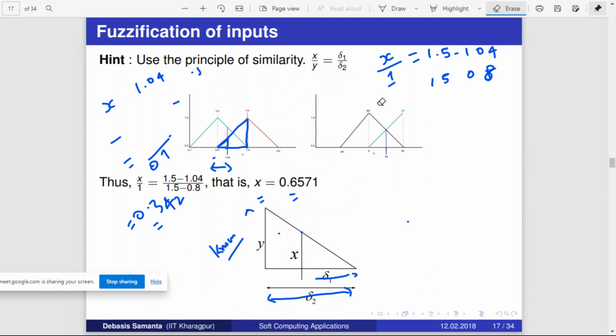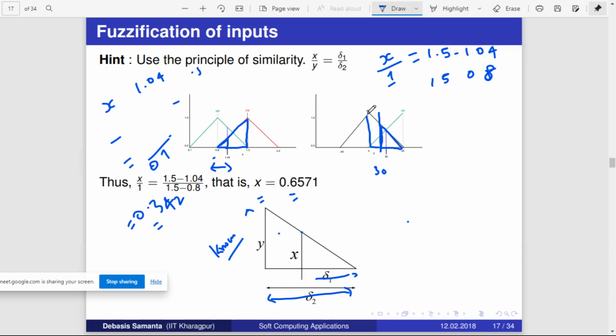I think this also we can try. Let us say this is 30, here the angle is given. If it is this point, say we want to find this, this is one, this is another. This is the one we want to find. So this is x. x by 1 is equal to this distance we want.